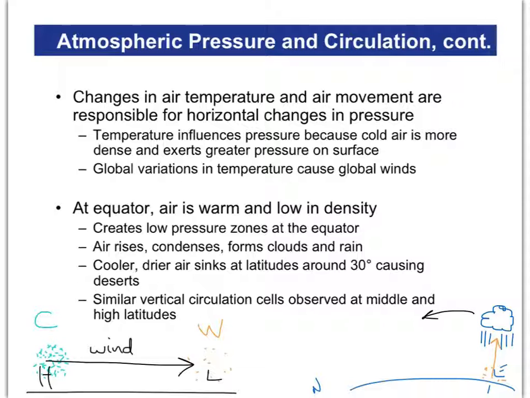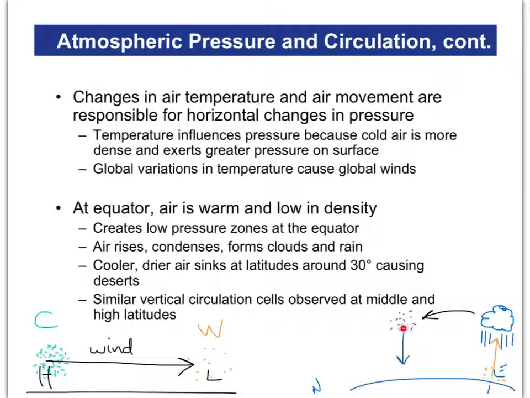Well, as you move towards the North Pole, what happens? Well, things tend to get colder right there. And so this air cools down after it has gotten done condensing. And what does cold air do? Well, if warm air rises, cold air wants to sink. And so it's going to sink back down towards the Earth's surface.